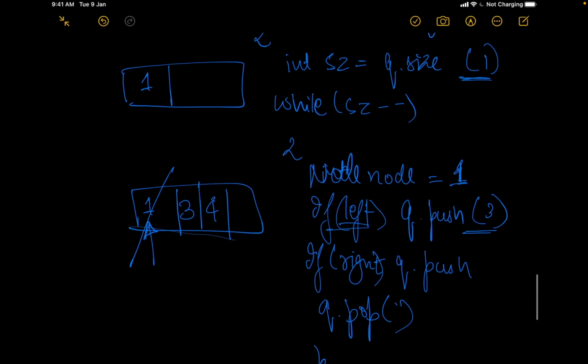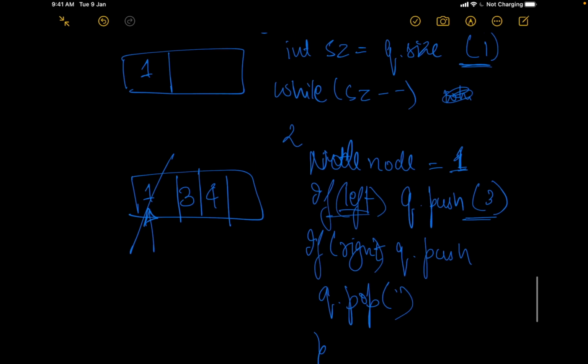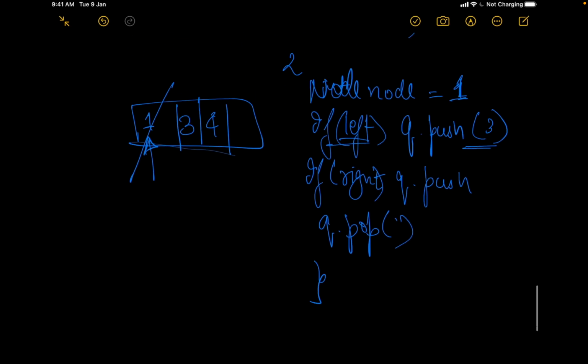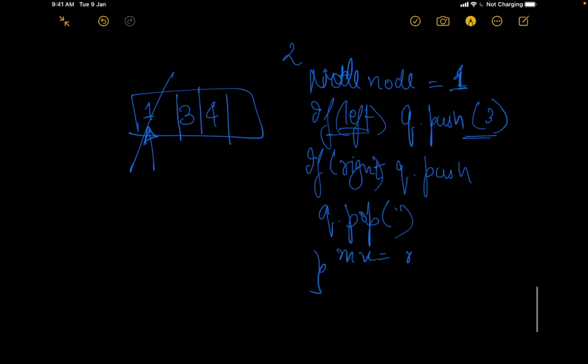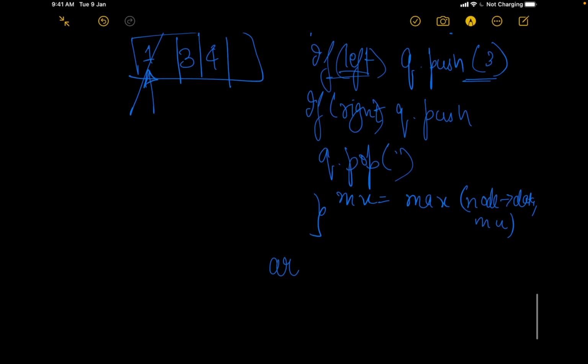Since our size was 1, now this while loop would become invalid, and we'll get out of this loop. Also, we had initialized mx, the max of node value and mx, and we'll push 1, that is the present value of mx. So we'll push mx onto the array.